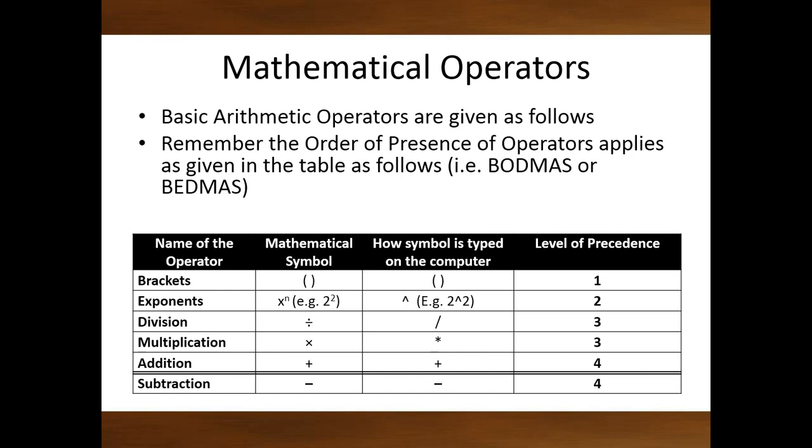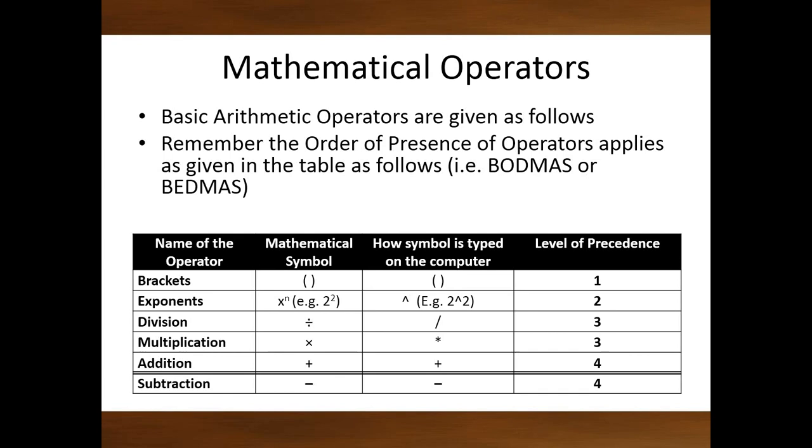Whatever you learned under BODMAS applies in the use of these operators in spreadsheet programs as well. Under BODMAS, you know that the brackets come first, which means that whenever a calculation is being performed by the computer, whatever is enclosed within a bracket, if there is any, will be computed before any other operator.